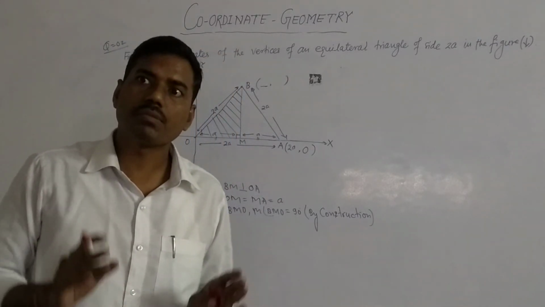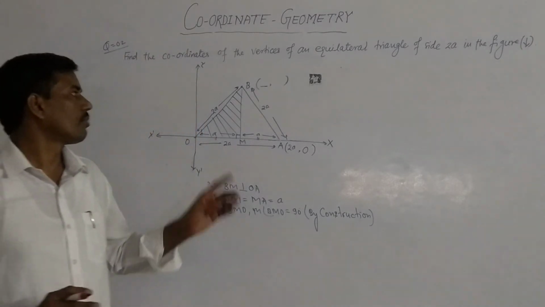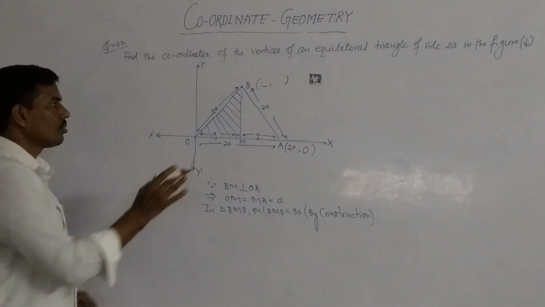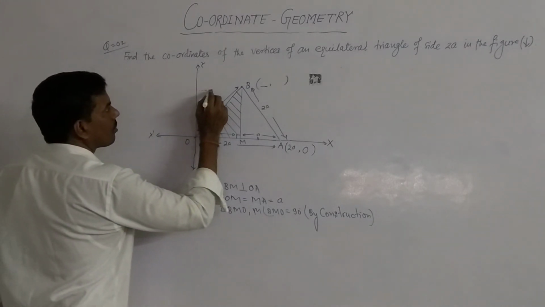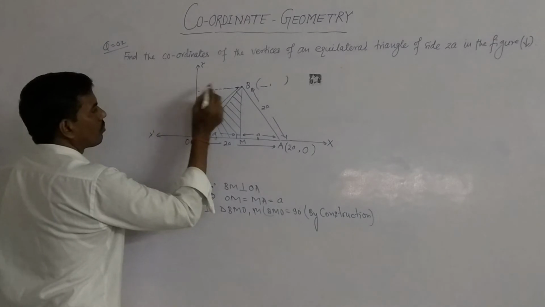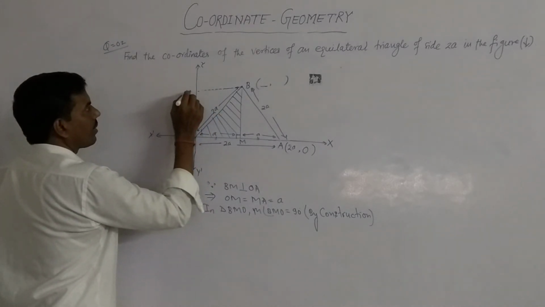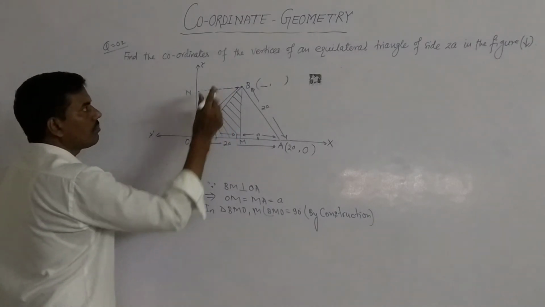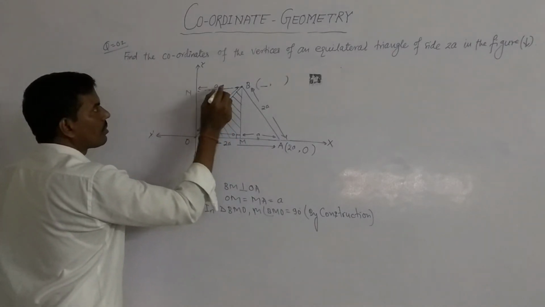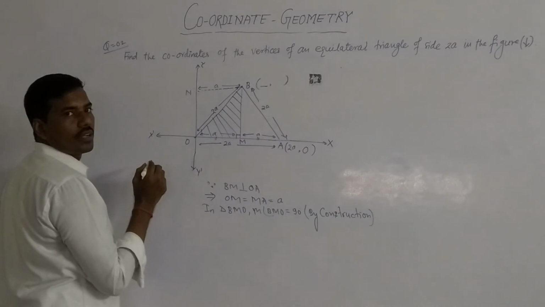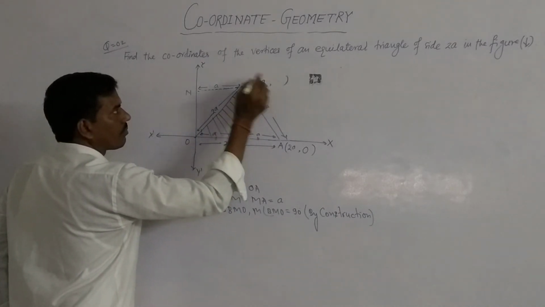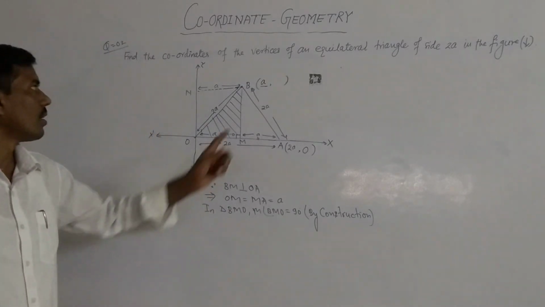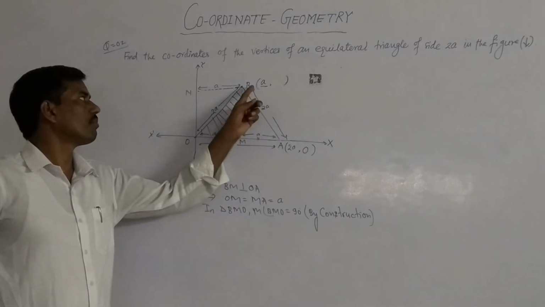Since BM is perpendicular to OA, BM is parallel to the y-axis. If we also draw a perpendicular from B to the y-axis, say at N, then BN is equal to OM, which is a unit. So the x coordinate of B is a unit.